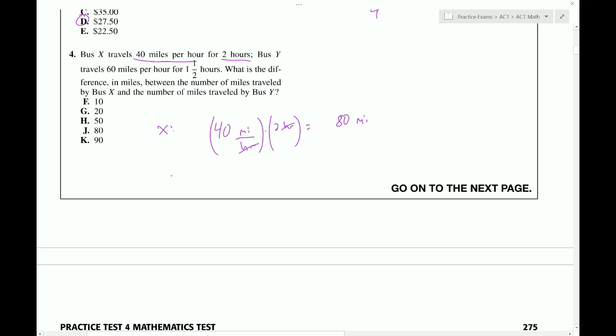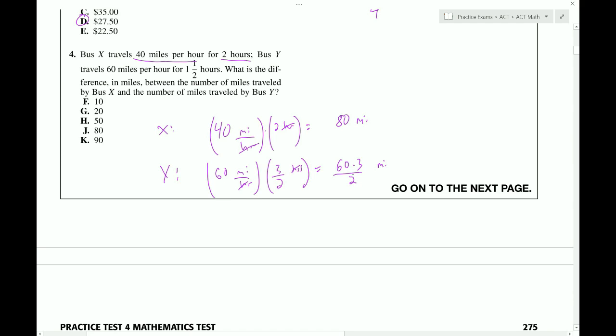So this is bus X, and then bus Y travels 60 miles per hour and does that for 1.5 hours, right? Which is also 3/2 as a fraction. It's kind of easier to use fractions here. So again, the hours cancels out. So my number would be 60 times 3 over 2 in miles, right?